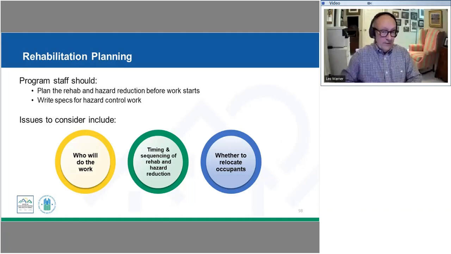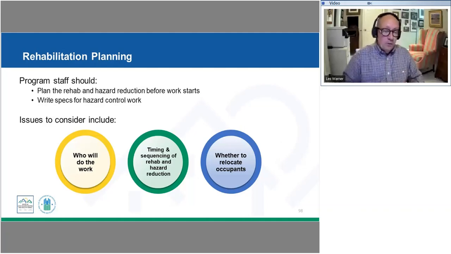So we may be able to allow those occupants to occupy that unit, and we will seal off that work area. It will remain sealed off from those occupants until the work has been completed, the cleanup has been done, and clearance testing has determined that we now have our lead residue down to an acceptable level based on our clearance standards.